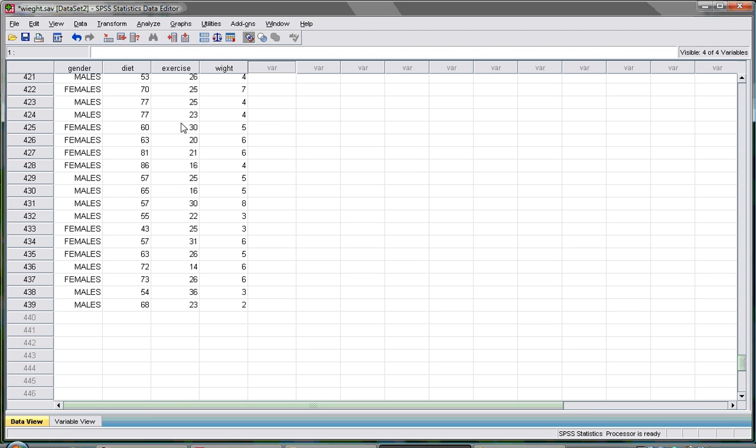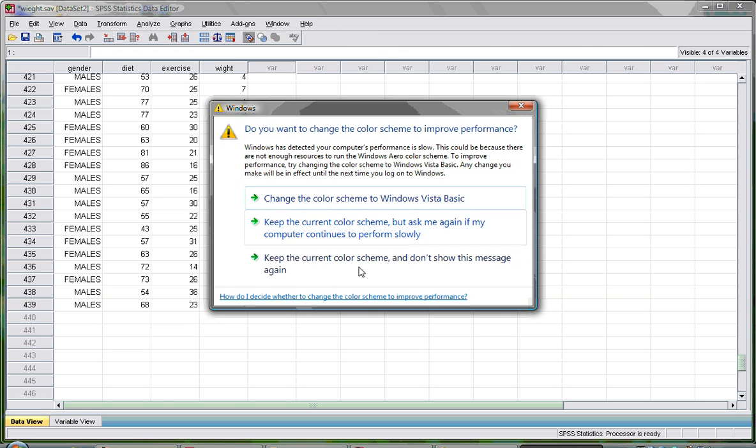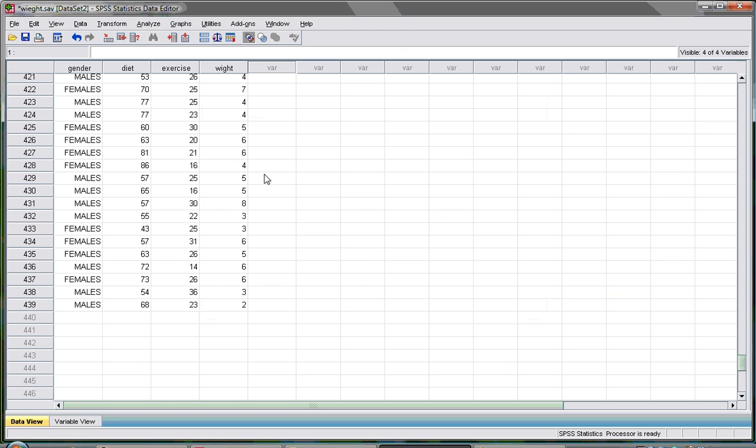Your theory here is whether the diet reduction and the exercise increase might predict how much your weight will change in your sample here. So you have 439 subjects, and you want to test this theory.